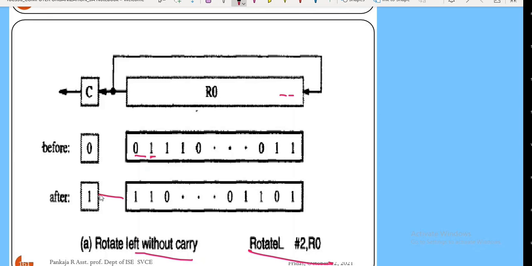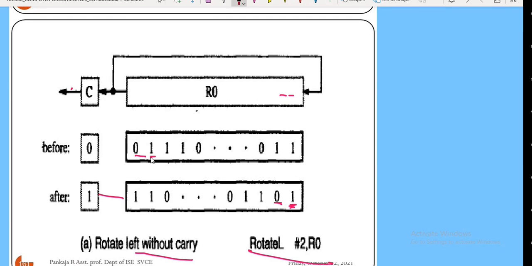Rotating without carry, I am not going to consider the carry flag. With carry, the line should come here. So it rotates these 0 and 1 back into the register, as you can see here. Before it was 0, 1, 1. When you rotate 1 bit, 0 will come and be added here. The next bit is 1, which will also be added at the end.